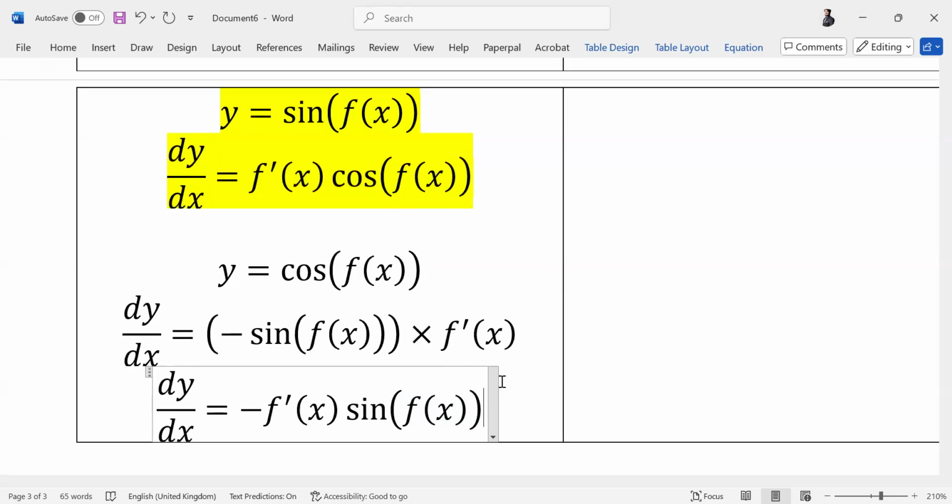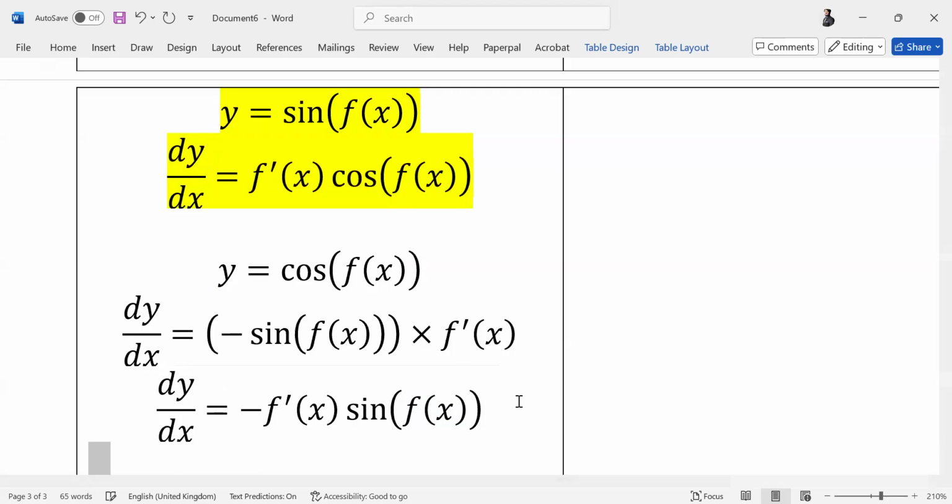Is this clear now? All of this will not be provided. Obviously, because this requires some basic differential techniques. Similarly, what about tan x?